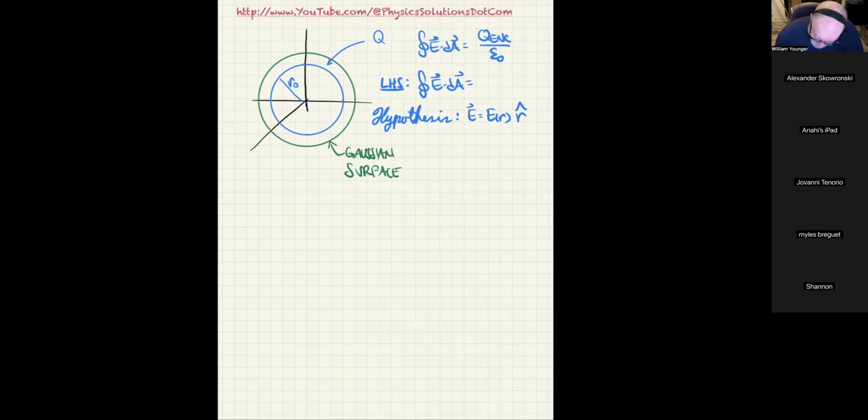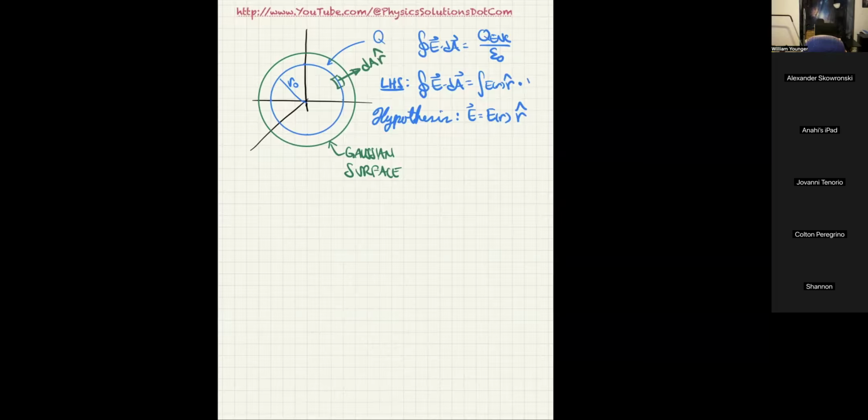Now, because of that, I can calculate the left-hand side is equal to the integral of E of r hat, now I've got a dot product of that with the dA. Well, the dA, actually I should probably draw that in green. The dA is just going to be dA in the r hat direction.